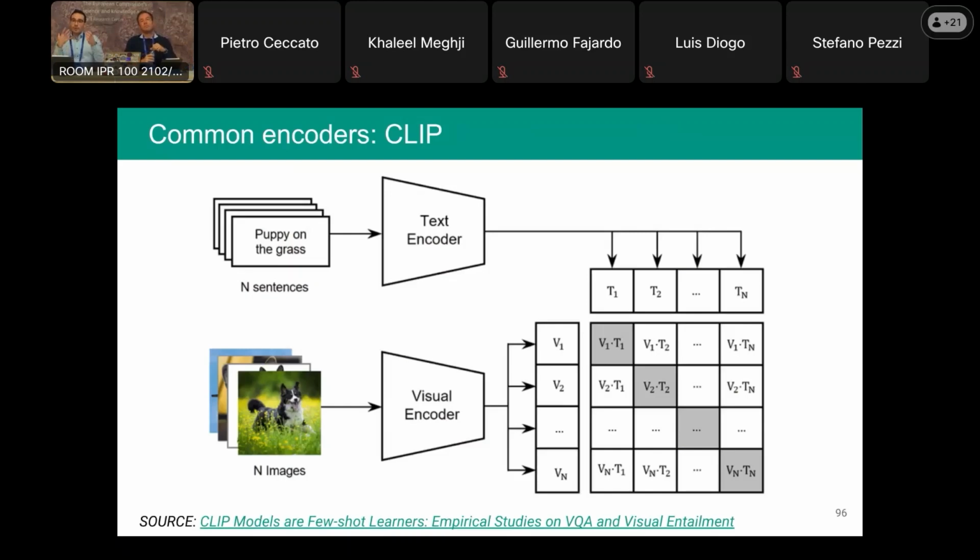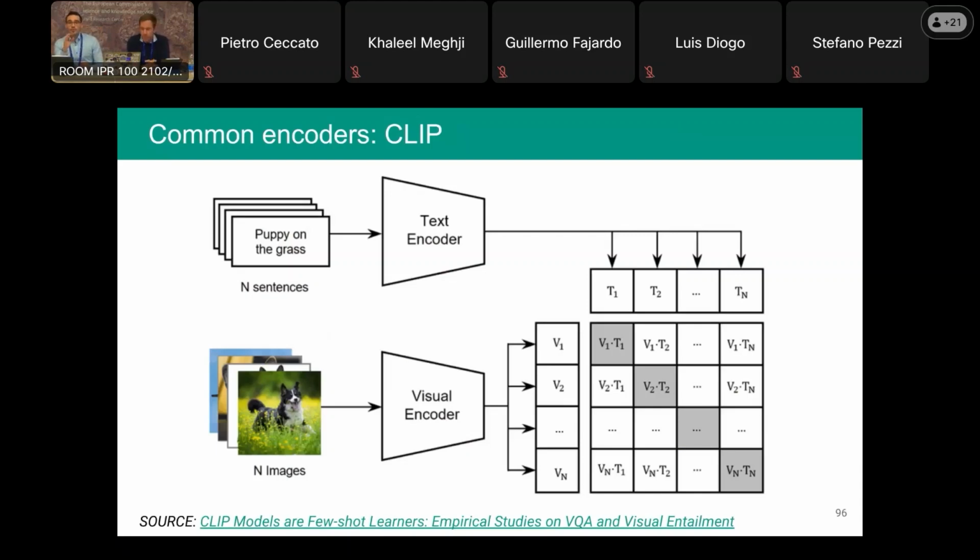To do that, you need to have a common language between the text and the images. At the inputs, they are very different. The text is represented maybe by ASCII characters, so on 8 bits per character, and the image is RGB plus however many channels we have.